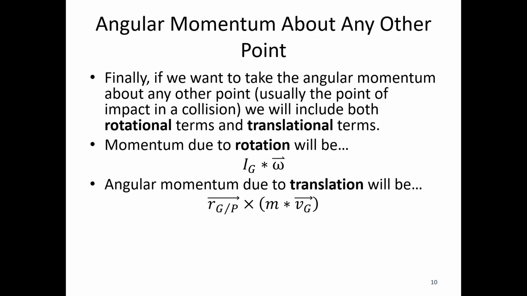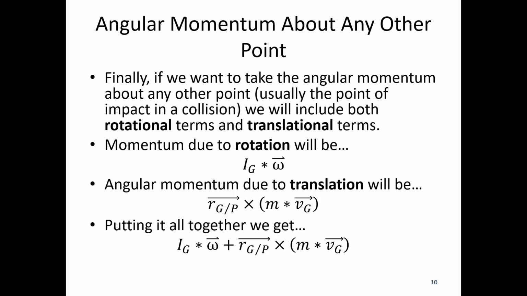So there's the linear momentum. This piece over here is the linear momentum of the object itself. So r crossed with linear momentum. So putting this all together, we'd get the following: I_G times omega plus r_G/P crossed with the linear momentum of the body itself.